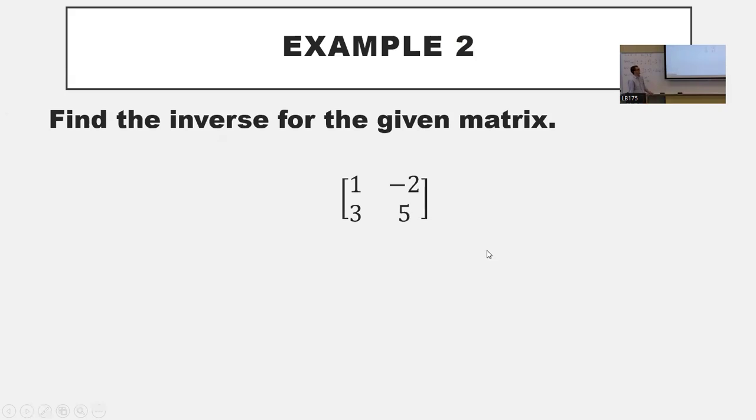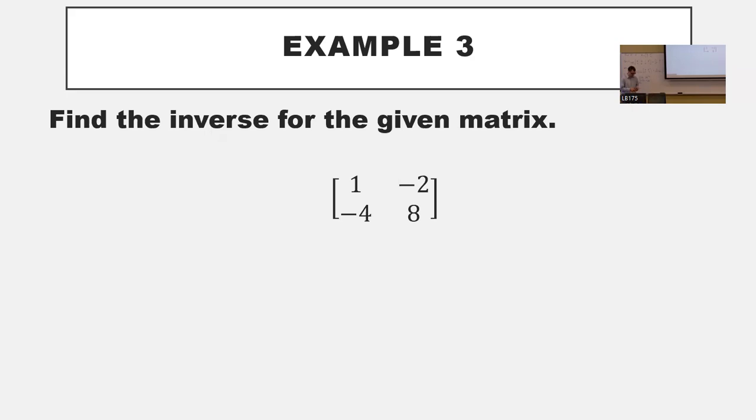So you can do that for any matrix. You can plug in the inverse button on any matrix. Now, I do want you to be careful. The inverse button on a matrix like 1, -2, 3, 5 is going to be fine. But I want you to see what's going to happen if we have a matrix like 1, -2, -4, 8.